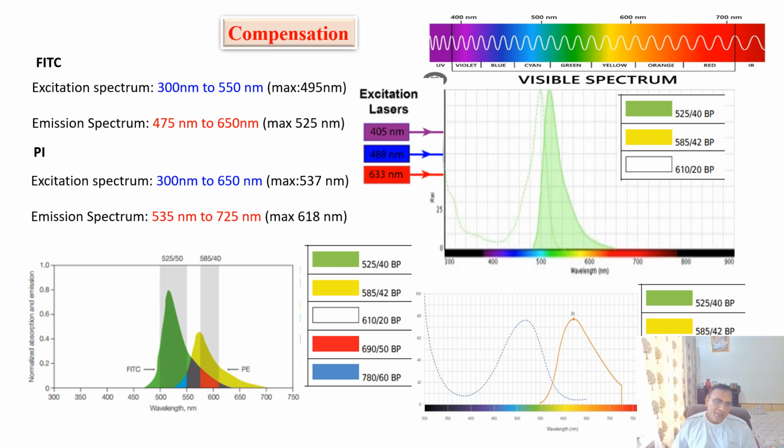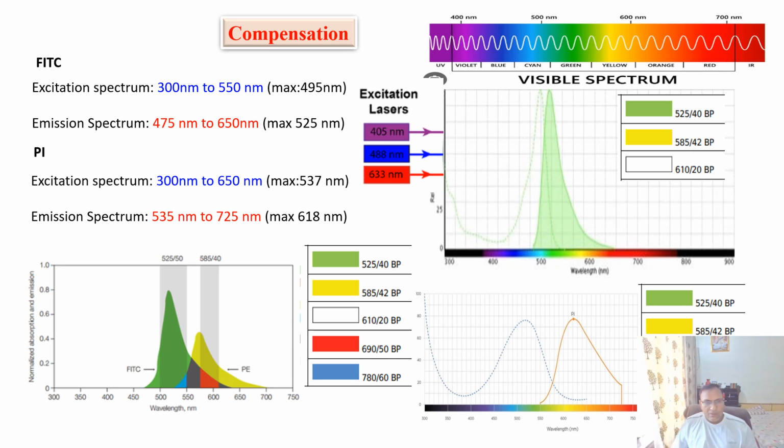Suppose the PI positive cells are actually 70% and 10% are FITC positive cells. The detector will detect 70 plus 10 percent, because the cells were PI positive, meaning dead, and FITC meaning acrosome intact. It will also be detected by these filters, so 70 plus 10, 80%. So it gives a false positive result.